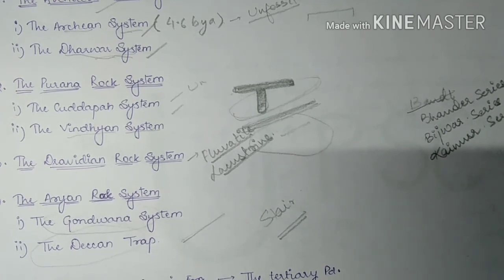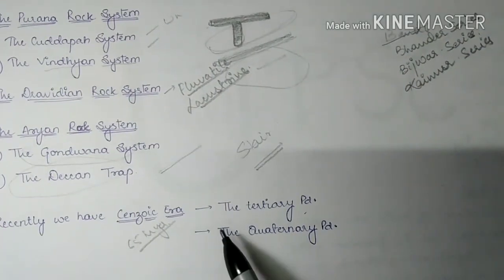Tertiary period is the final breaking up of old Gondwana continent and the upliftment of Tethys geosyncline in the form of Himalayas. Then Quaternary period is the formation of third physiographic division of India, that is Indo-Gangetic and Brahmaputra plain. During this time we had formation of deep synclinal basins, and the river tracks were formed. So the rivers like Jhelum, Narmada, Tapi, Godavari, Kaveri, Krishna, etc., were formed during this Quaternary period.